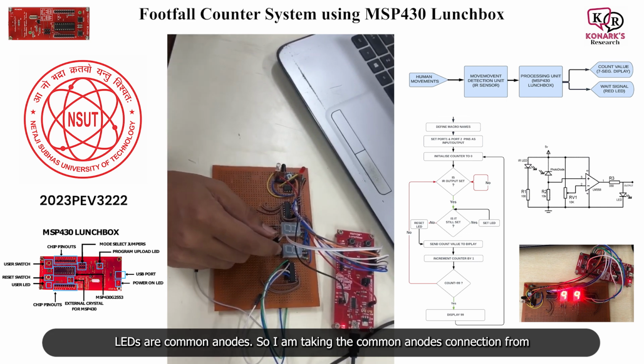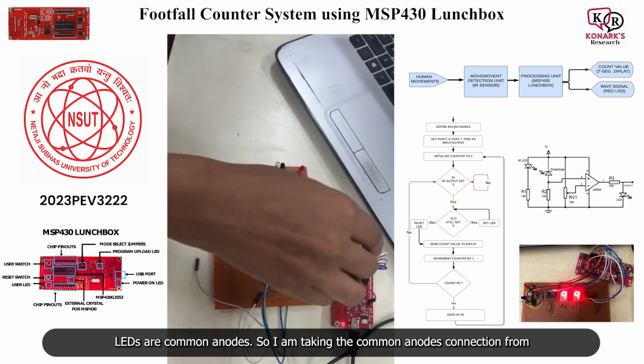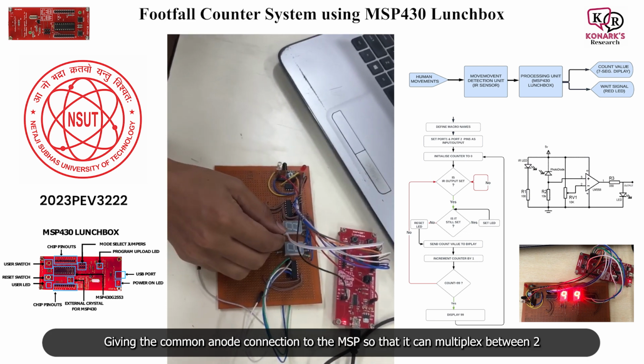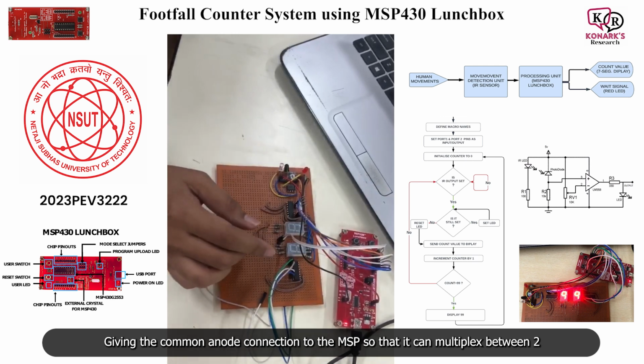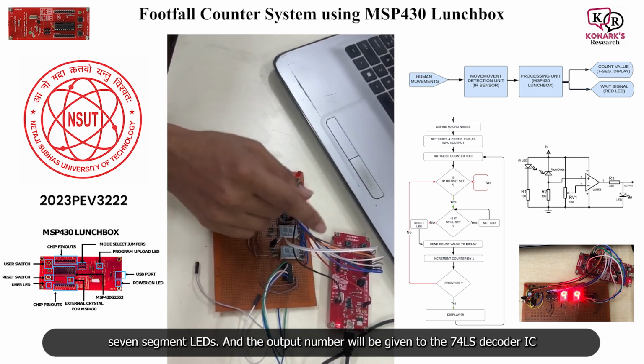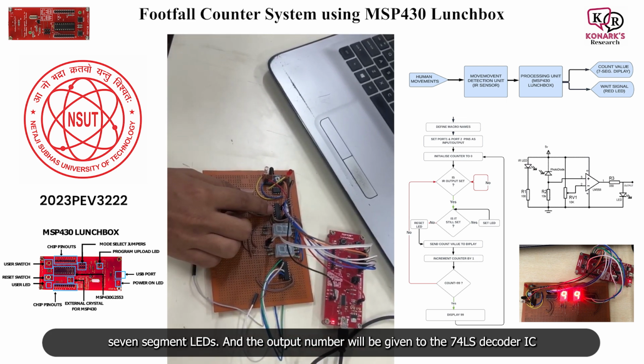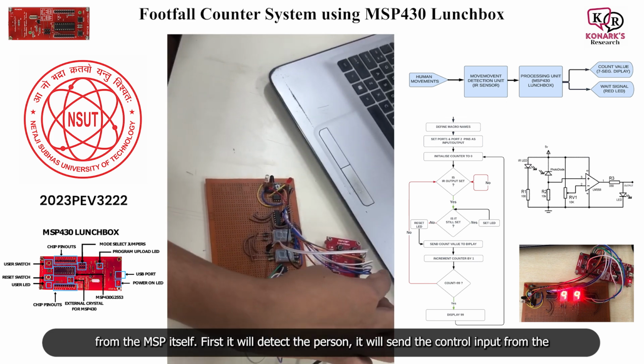So I am giving the common-anode connection to the MSP, so that it can multiplex between the two 7-segment LEDs, and the output number will be given to the 74LS47 decoder IC from the MSP itself.